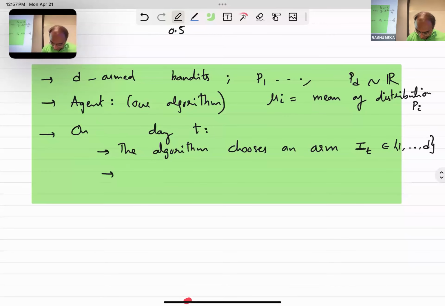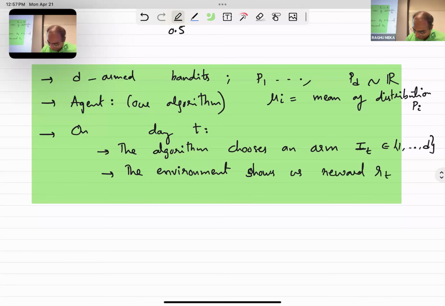And then the environment shows us a reward R_t, which is a sample from the distribution that we picked.